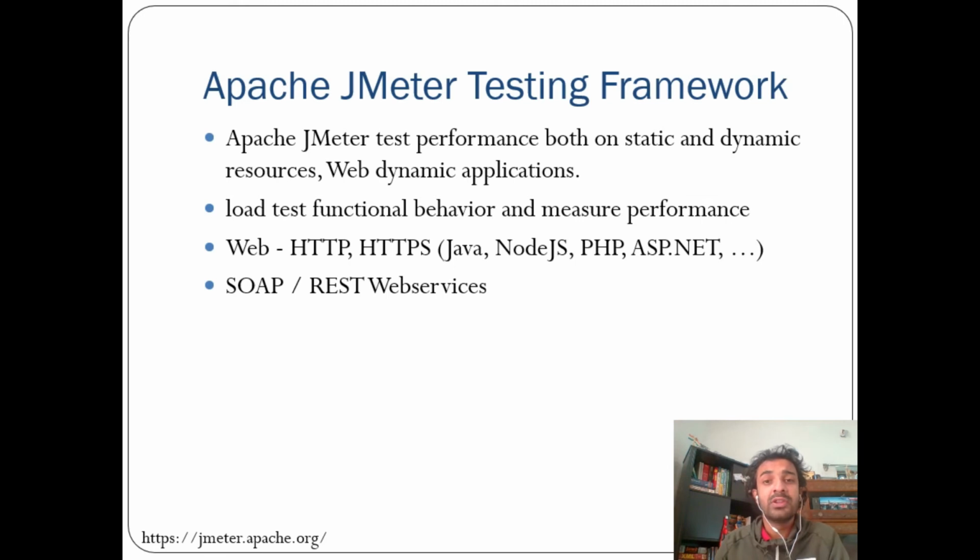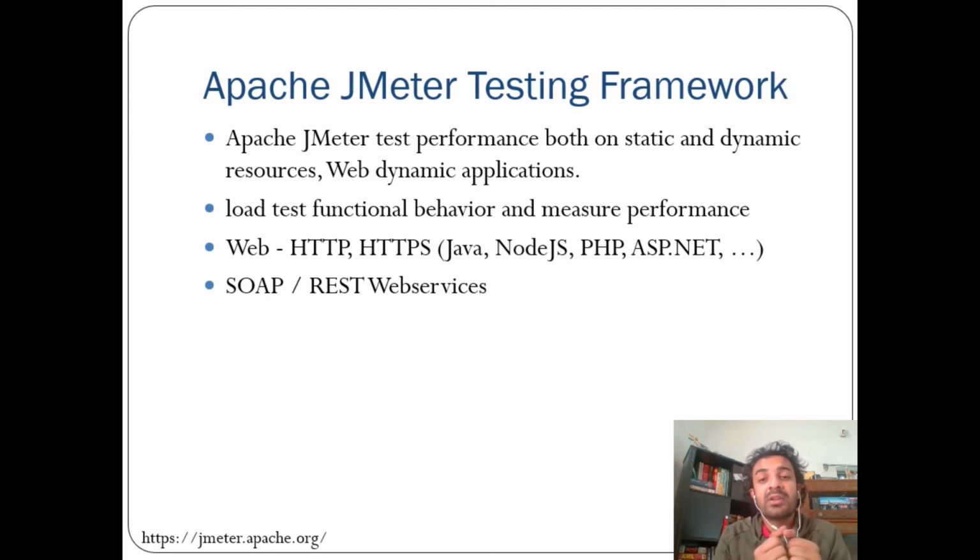Out of that, these are the features which are important for us for testing purposes. Features like static and dynamic web application testing for analysis of load and functional behavior, and various performance metrics analysis can be done. So these are the features which are helpful for testing web services.